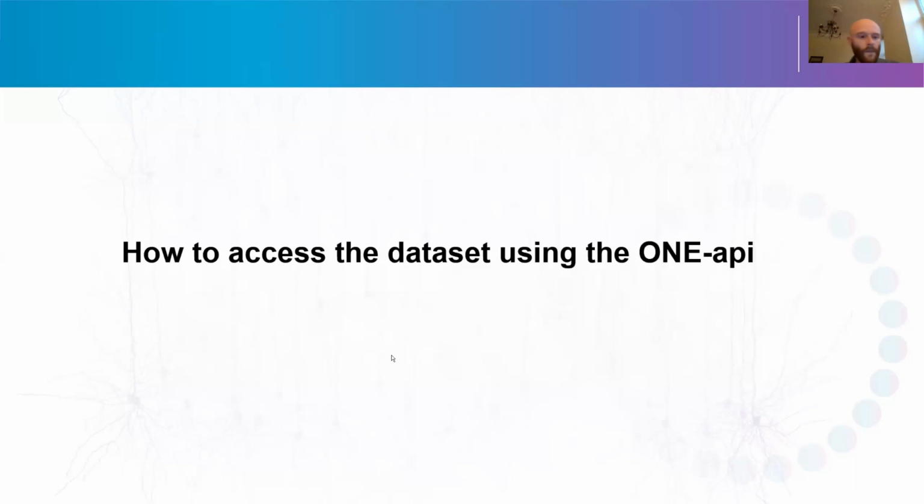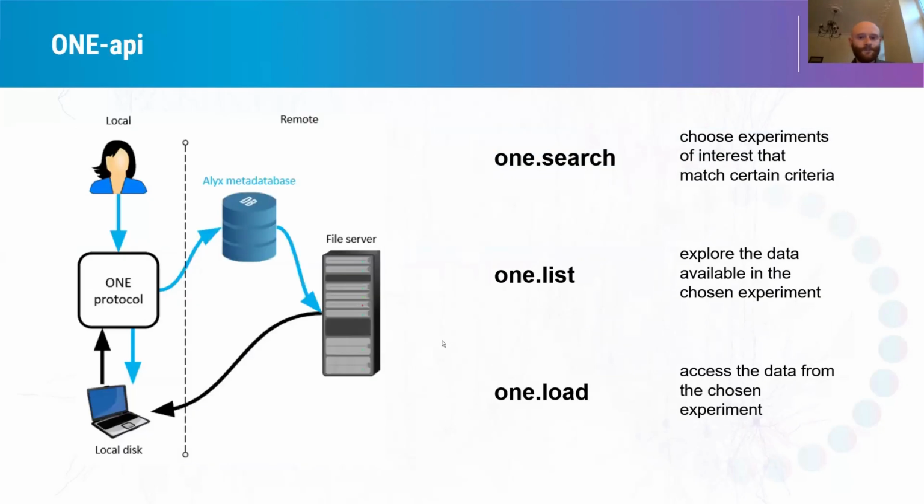So next I'll just go through how we can access these data using the Python API, which we call ONE. So ONE has 2 principal modes, so to speak. The first is a local mode, whereby you can simply list, search, and load data from disk.